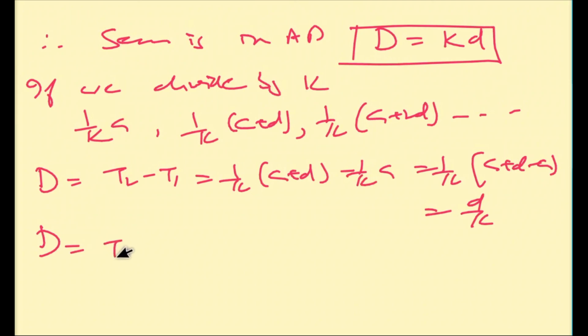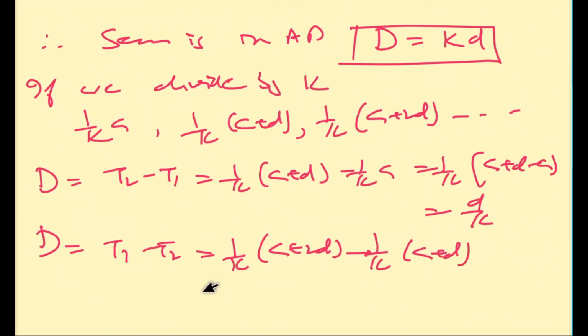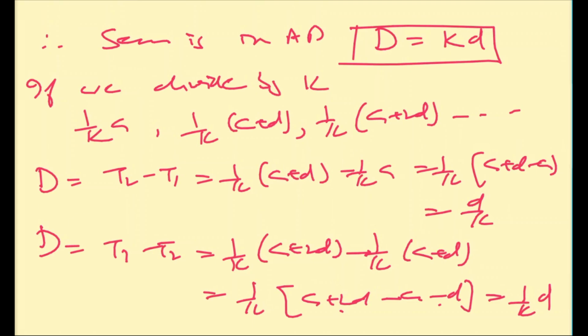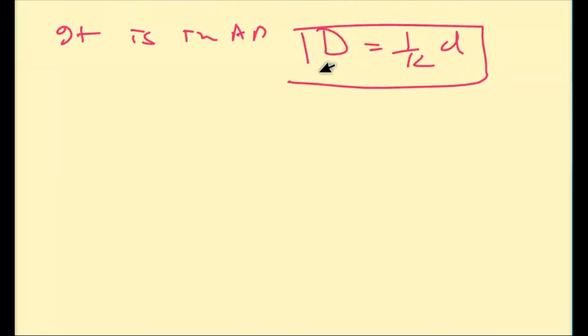And again, t3 minus t2 is 1 upon k times a plus 2d minus 1 upon k times a plus d. Taking 1 upon k common, a plus 2d minus a minus d, we find d upon k, so 1 upon k times d. So what did we conclude? In dividing, it is in AP, but the common difference changes to 1 by k of the previous common difference.